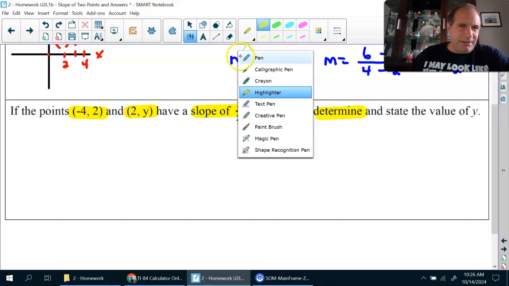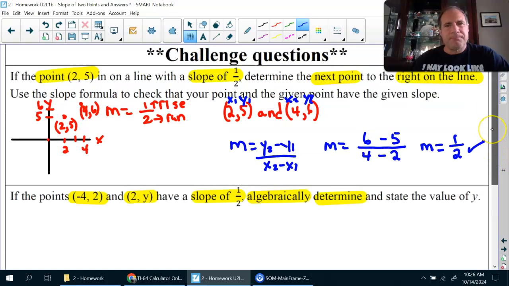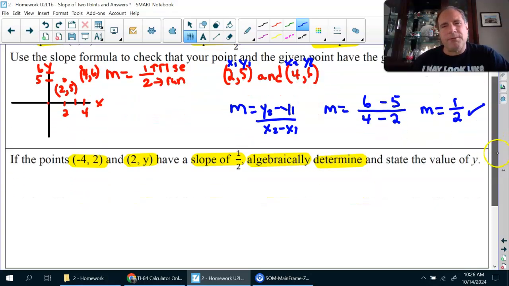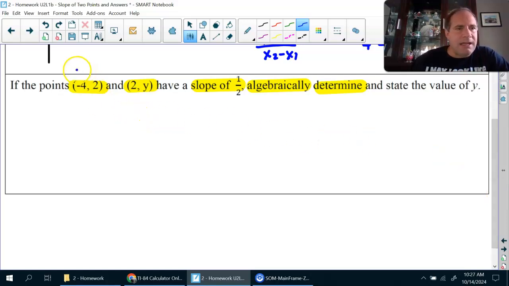So that means you really can't do what I just did up in this first one. Because you notice it didn't say algebraically in the first one, but it did say to use the slope formula to check it. So I'm just going to go ahead and label x1, y1, x2, y2.